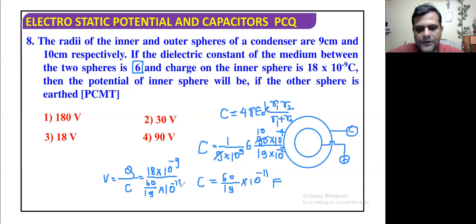Okay, so finally after solving this, we get 19 in the numerator. So 19 into 18 upon 60, multiplied with 10 raised to plus 2.